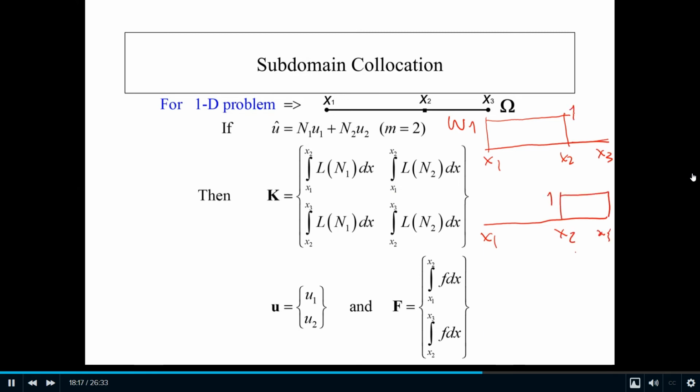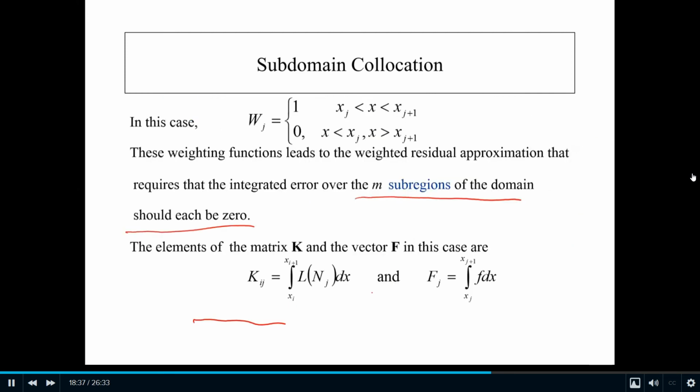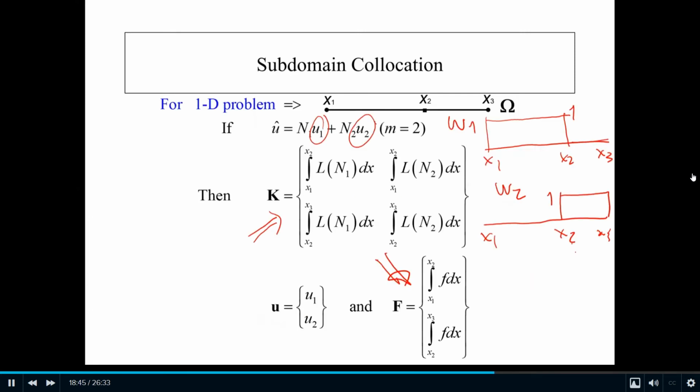Okay, it's like this. So these are the weight functions W1, W2 that you have. And by doing that, your matrix K to be solved for the unknowns U1 and U2 will look like this, and matrix F will look like this, which agrees with this one. And once again, this is also unsymmetric because this is not equal to this.